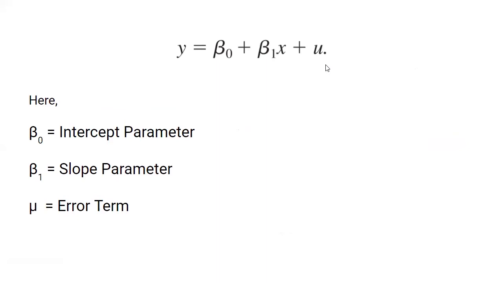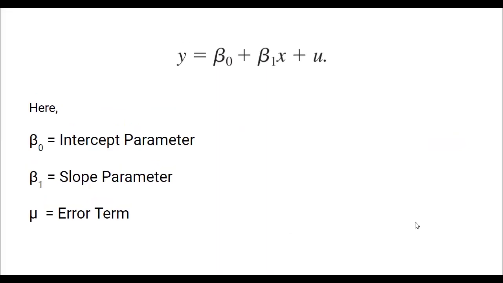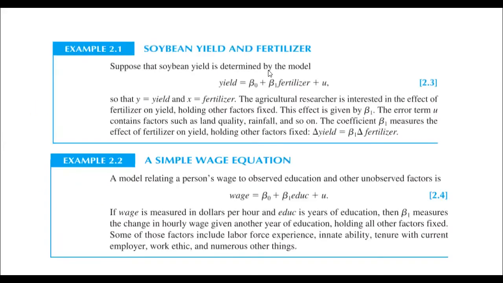In econometrics, most of the time, we are interested in the slope parameter, and the error term consists of all the other variables except for x that can affect y that have not been included in the model.